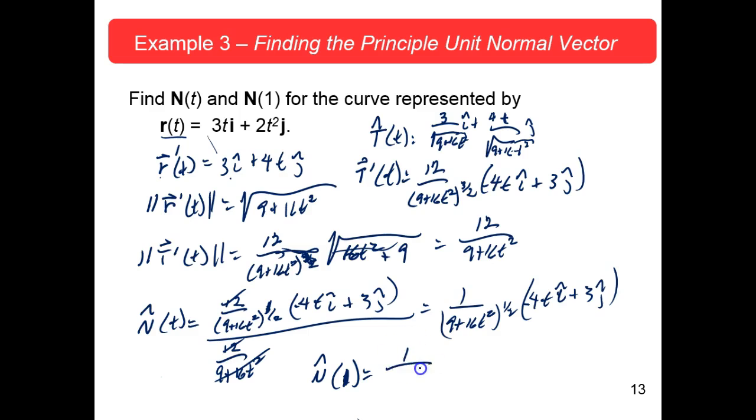It would be 1 over (9 plus 16) to the 1/2 power. Well, that's going to be 25, so that's 1 over 5 times minus 4i plus 3j, which is minus 4/5 i plus 3/5 j.